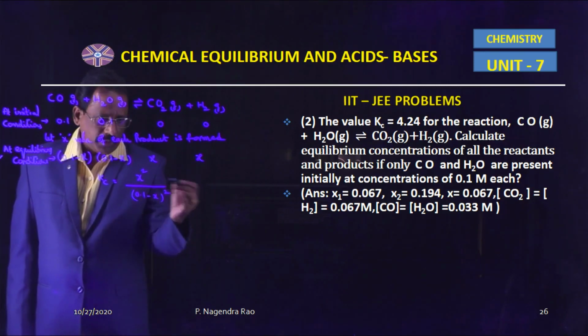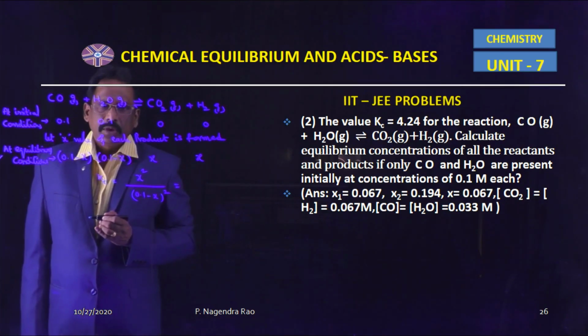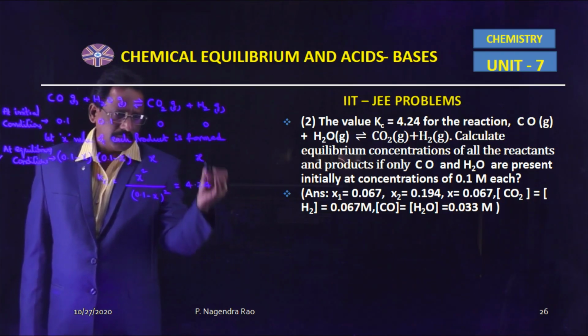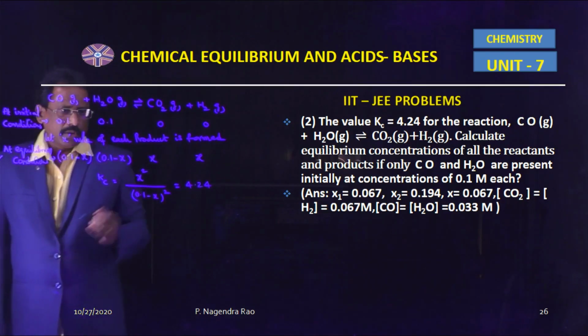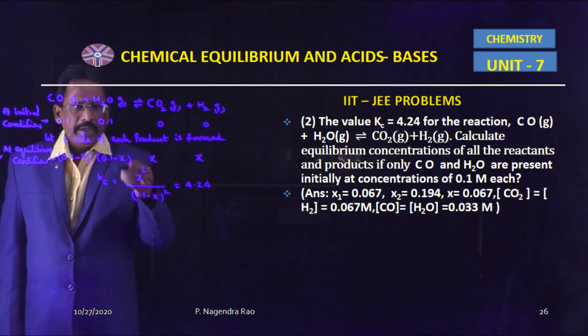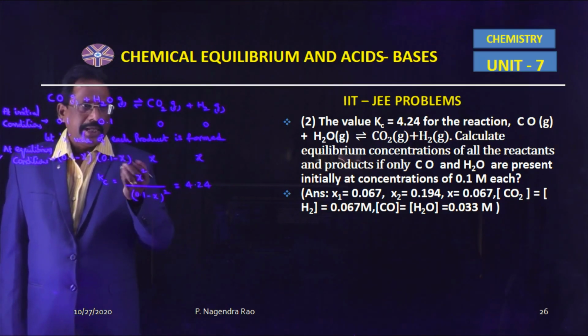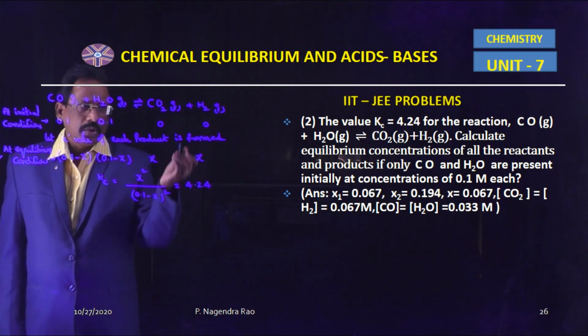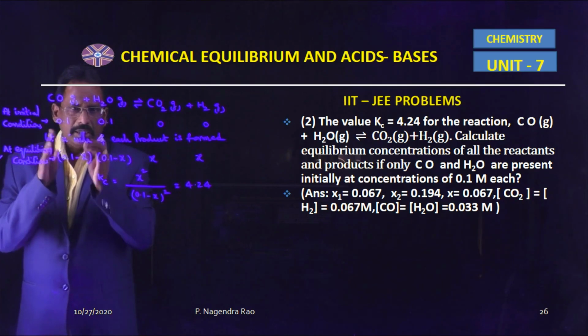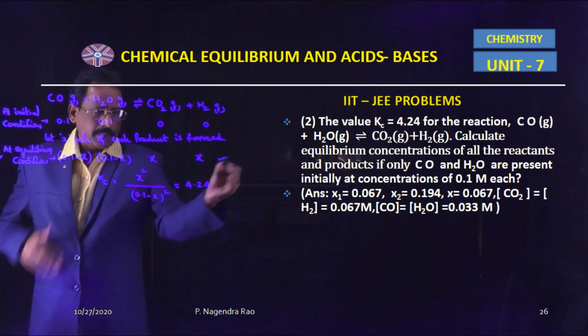Now in this problem, Kc is equal to 4.24, which is given. Now calculate the value of x, and it is possible to calculate the active mass of CO2, dihydrogen gas, water vapor and CO from this.